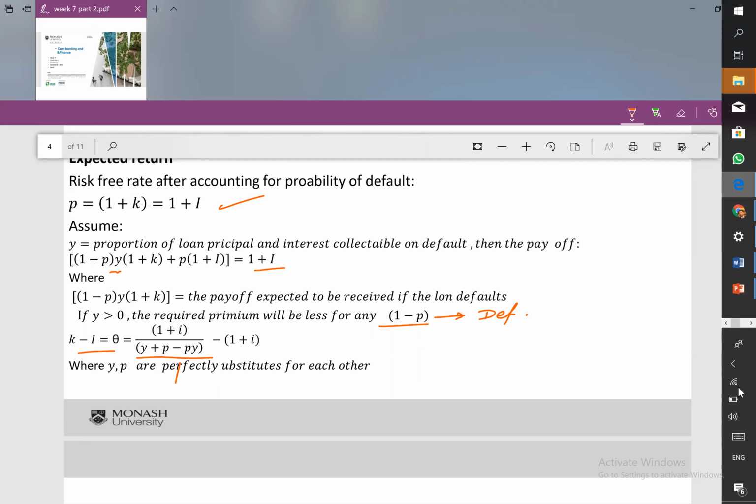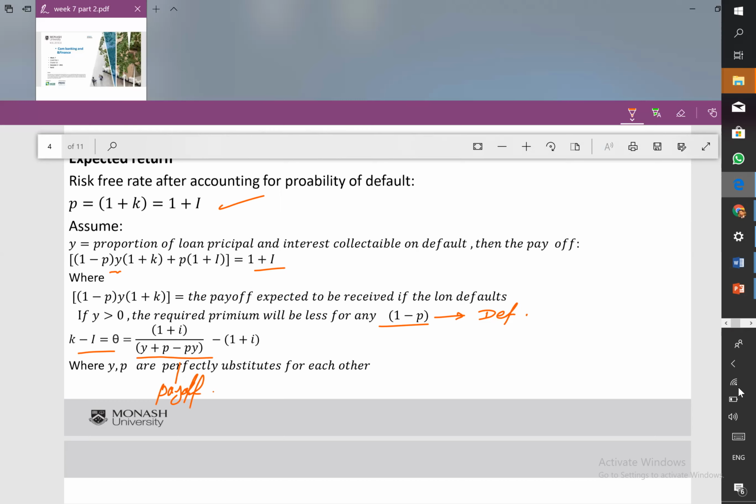This is actually 1 plus K, which is the probability of payment. This is the probability, this is the payoff. This is the whole payoff, which is the probability of payment and probability of defaulting times the collateral.